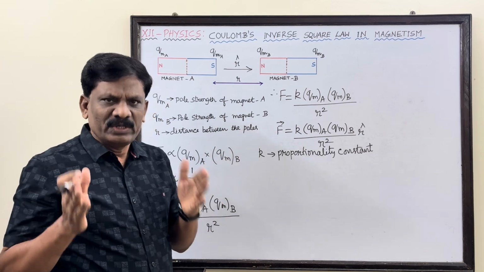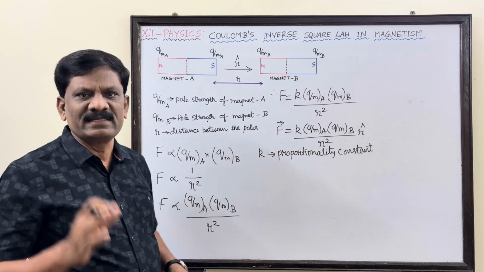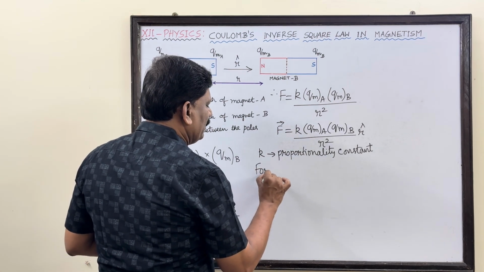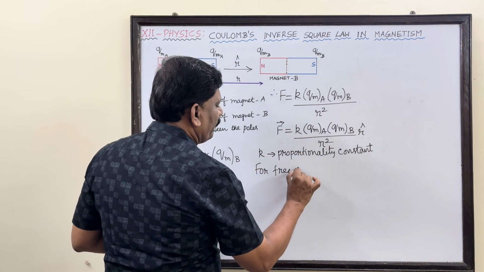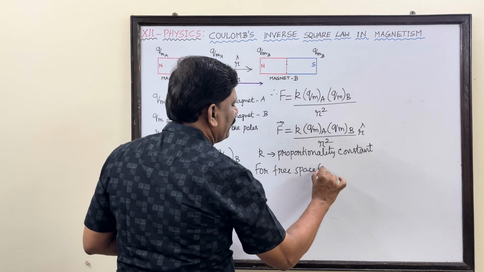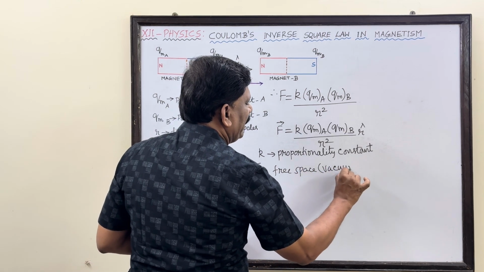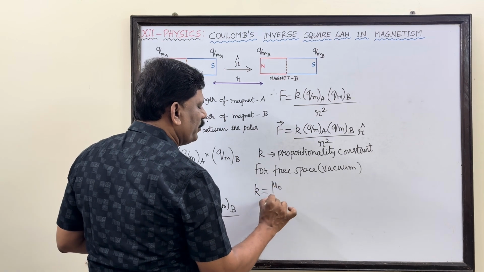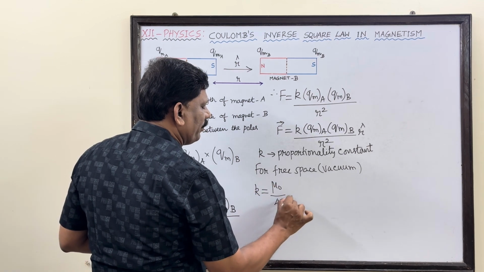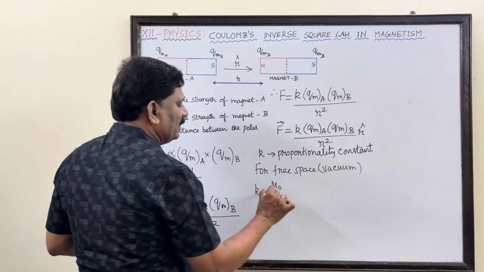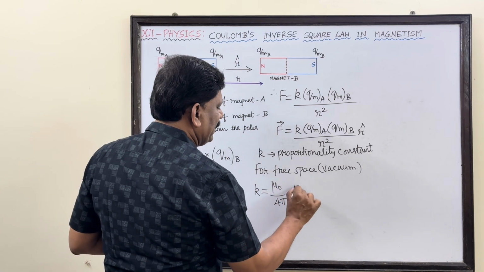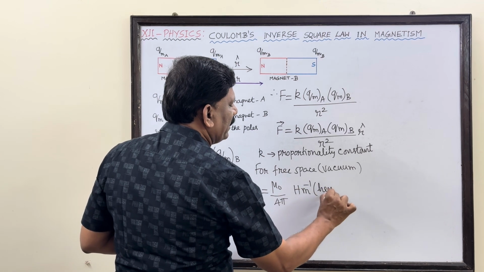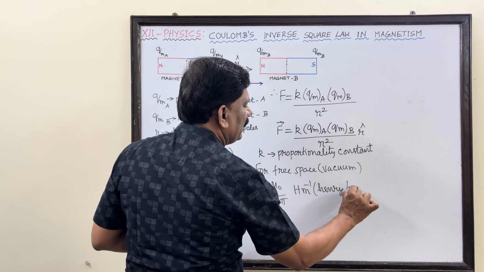Then what is the value of K for free space? For free space, that is vacuum, the value of K is found to be equal to a constant mu naught divided by 4 pi. This value is in Henry per meter.